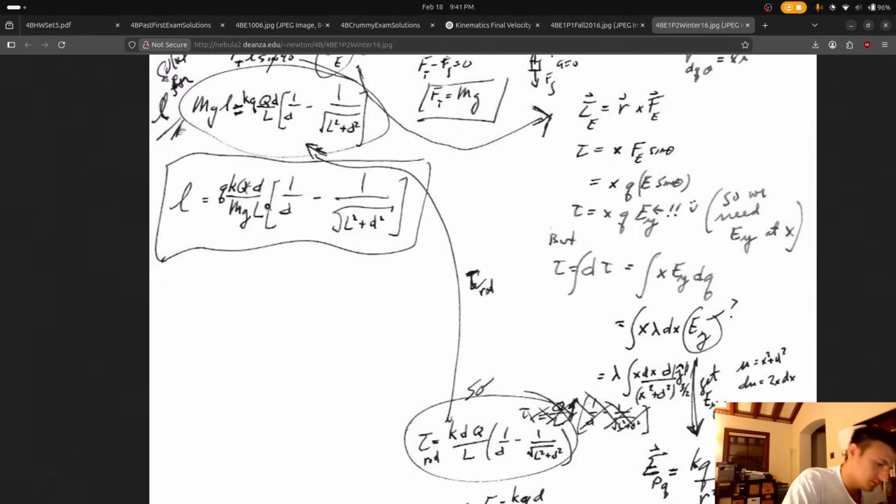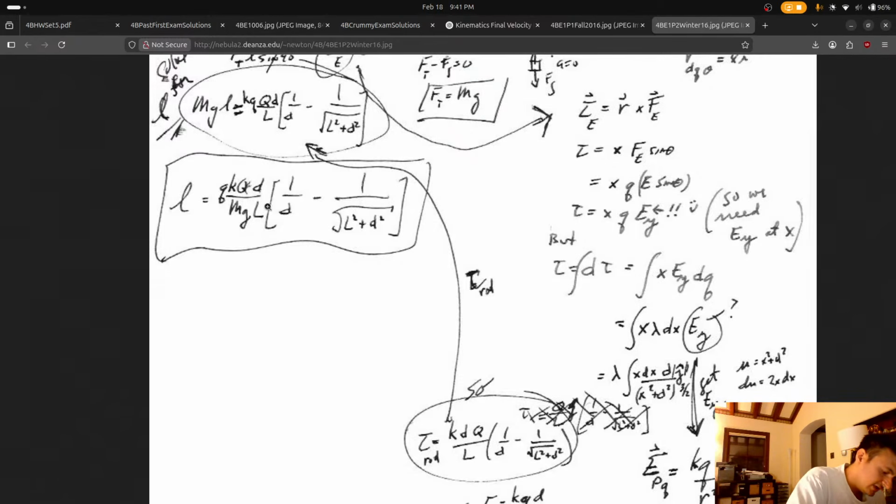Bruh. These problems are so easy to mess up. Hold on, we've got to start over. So in this determinant I, J, K, we have EY is equal to KQD over R cubed.